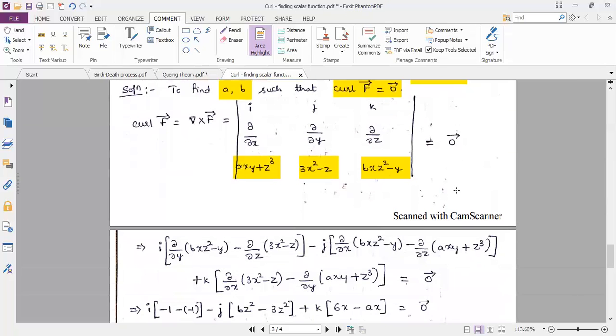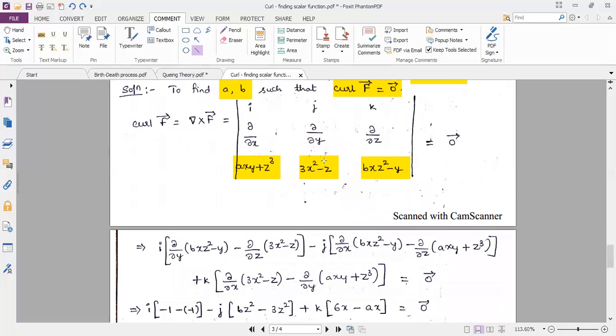Now let us expand the 3 cross 3 determinant. So i multiplied by dou y of bxz square minus y minus dou z of 3x square minus z. That's for the i component, minus j into dou x of bxz square minus y minus dou z of axy plus z cube.